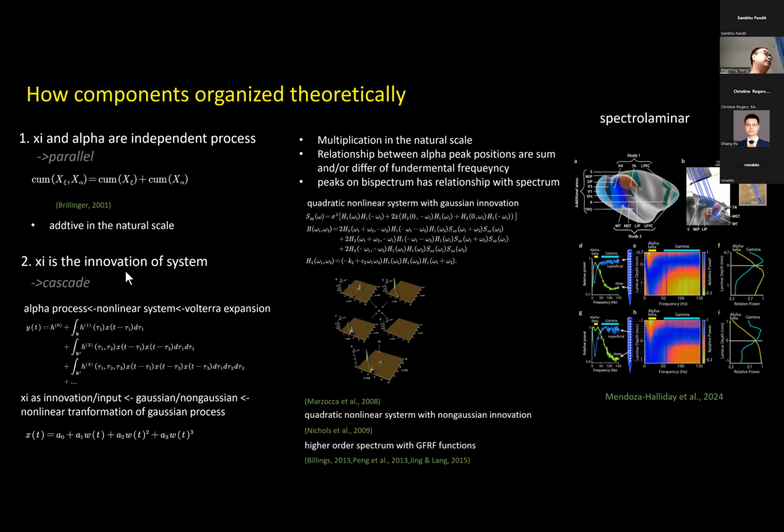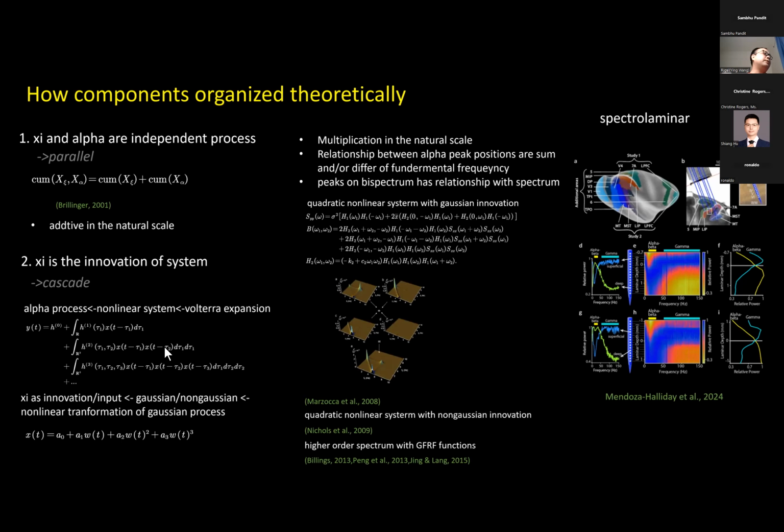Then there is another case: if the C process is the innovation of the nonlinear system, which means the C process is the input of the alpha process. Then we can prove that the components we observed are a multiplication of two processes in the natural scale, which is additive in the log scale.